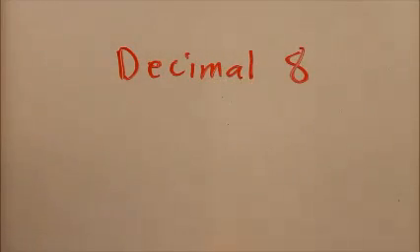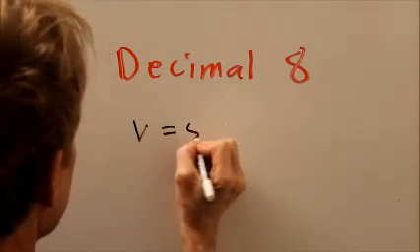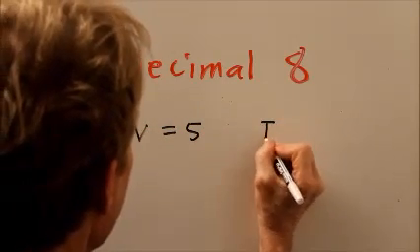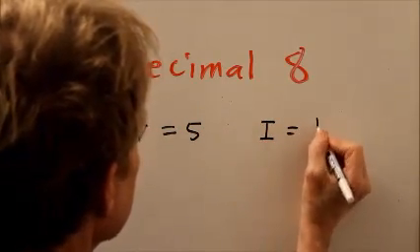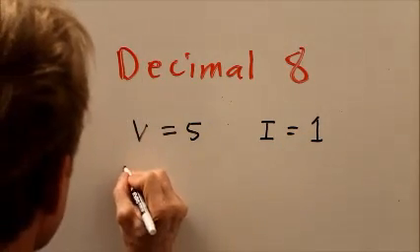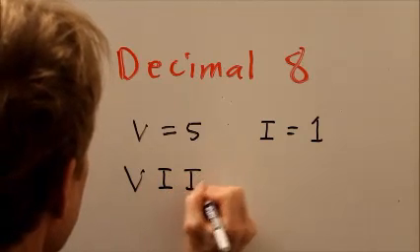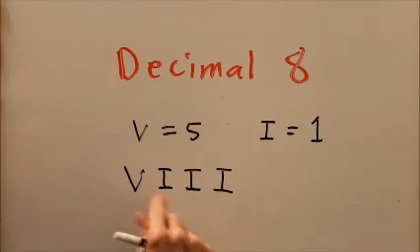8. Now remember that in Roman numerals, 5 is represented by a V, and an I represents 1. We can therefore take a V and tack 3 I's onto the end of it like that.